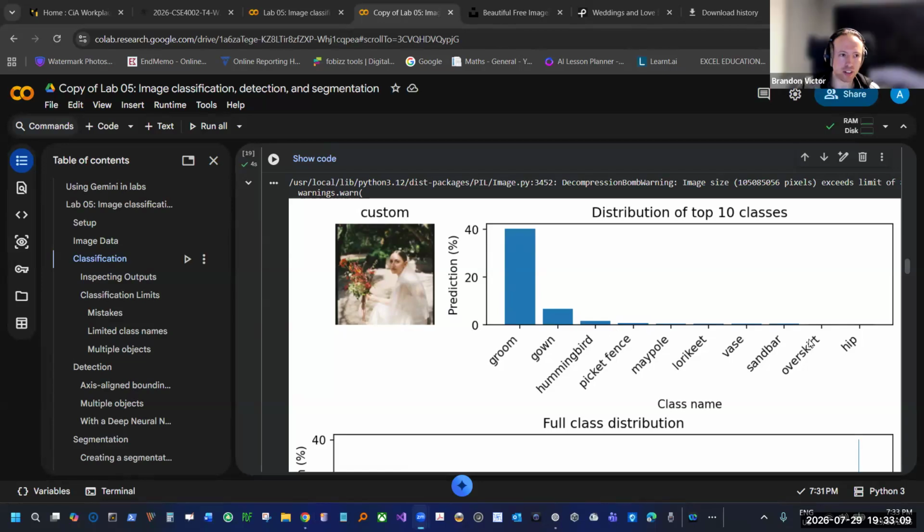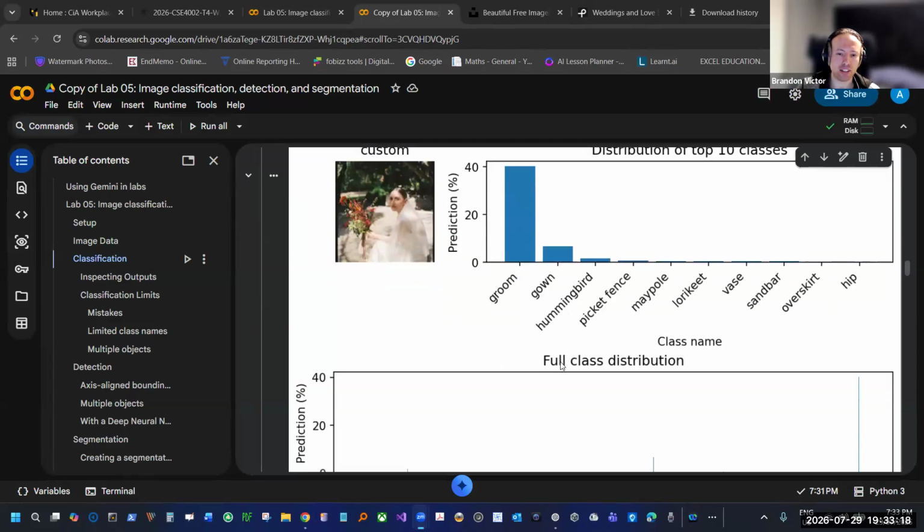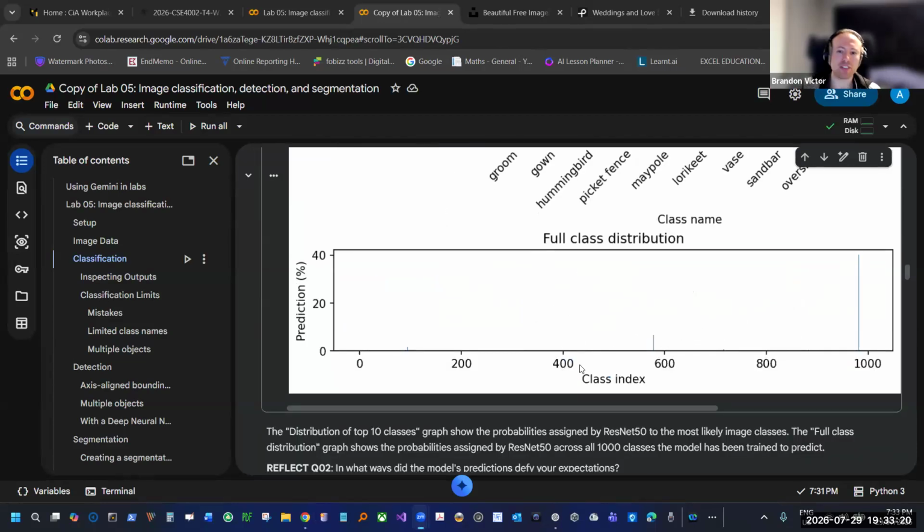There's 1,000 different classes it could choose from, and we're only seeing the top 10 over in the top right. But if you look at the bottom graph, you can see what it looks like across all 1,000 classes. You can see there's two big spikes, that's where the groom and gown are in the list of classes.